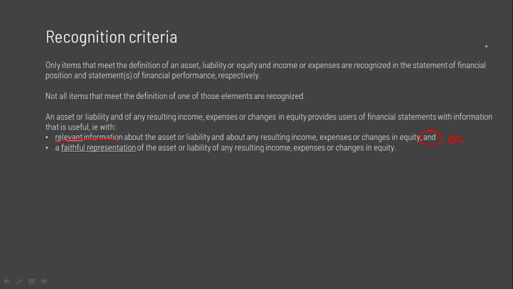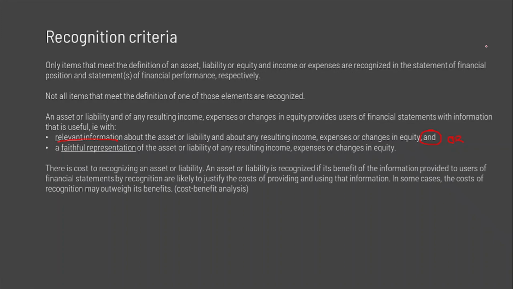So if one criterion is not met, then this would not be recognized in your financial reports. So hope you understood our topic for recognition criteria. It is basically straightforward.